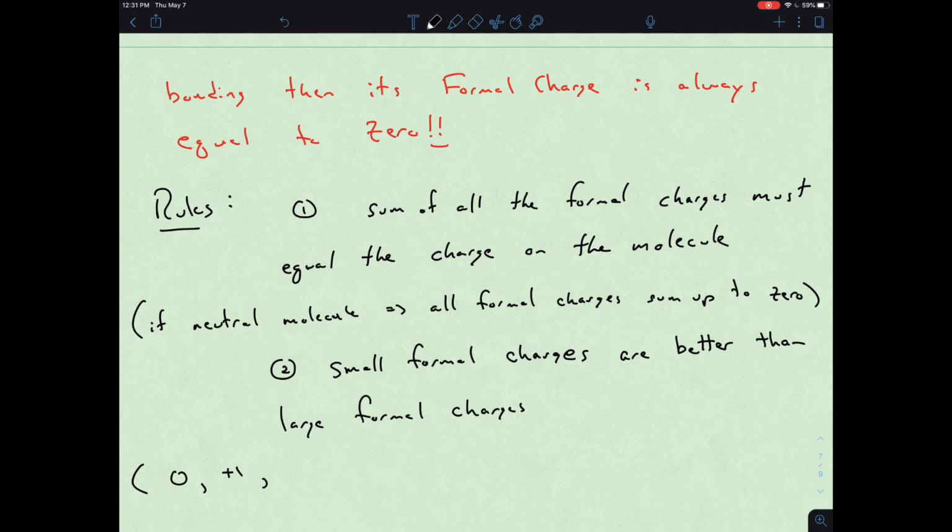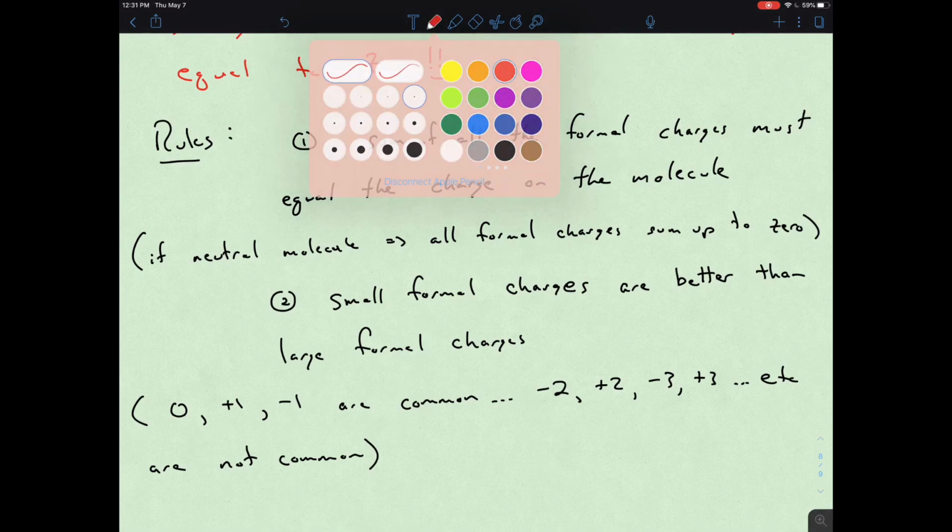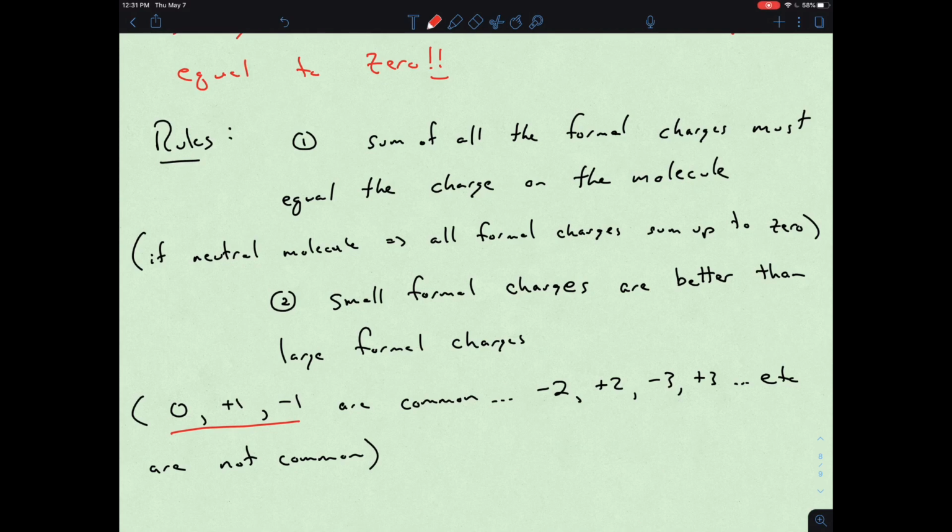Zero, +1, -1 are common. -2, +2, -3, +3, etc., right, are not common. So we really want to kind of fixate on these types of formal charges when putting together an actual molecule.